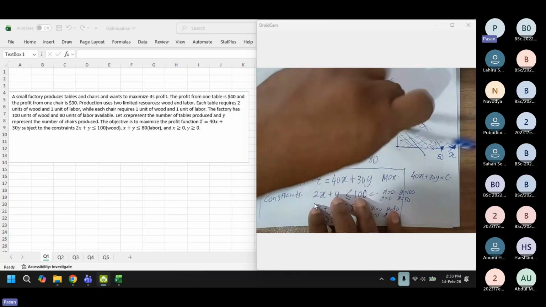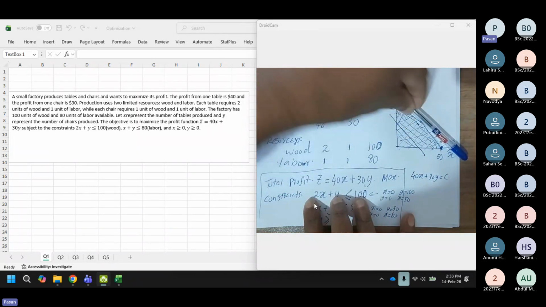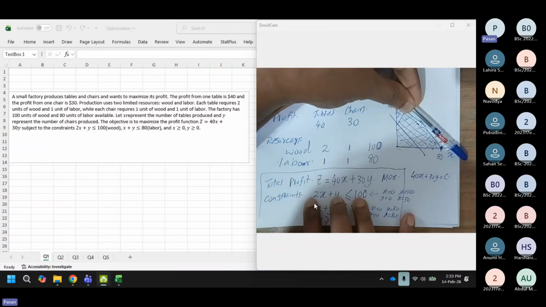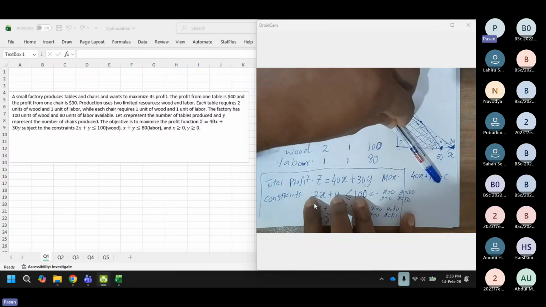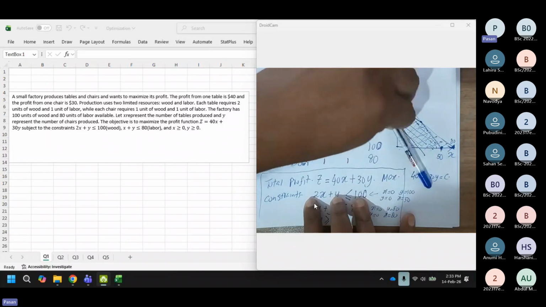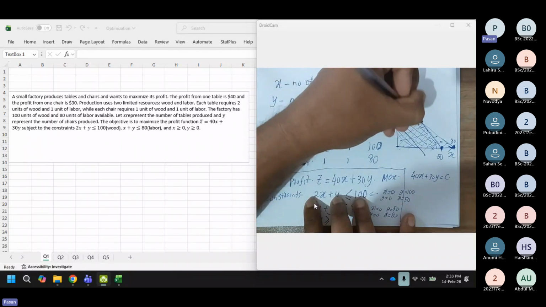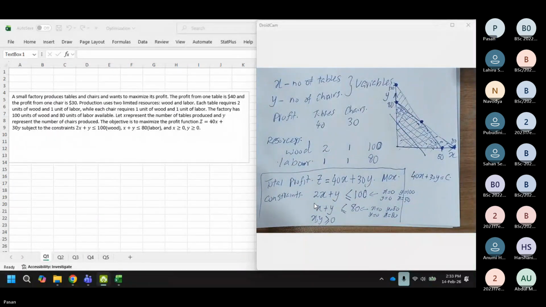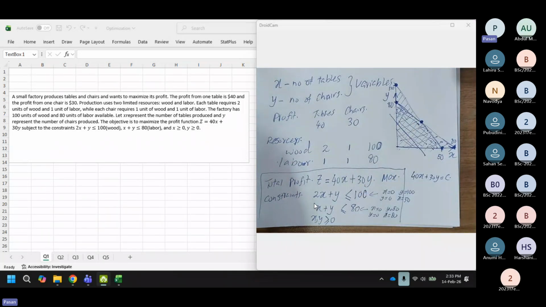So if you keep on moving this line like that, then you can notice that once you move it, the last point you are leaving the region is this particular point here. So it turns out we can find out that the maximum point is this guy, or you can solve these two equations and find out that point.